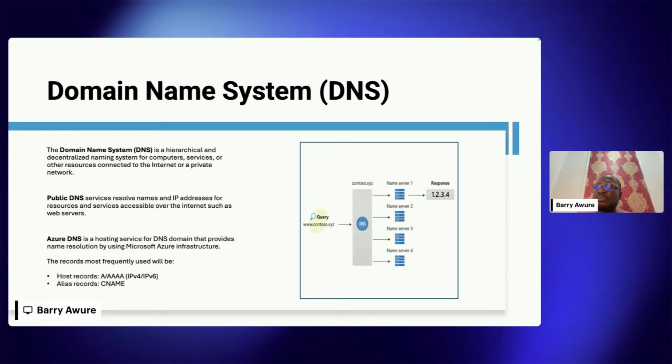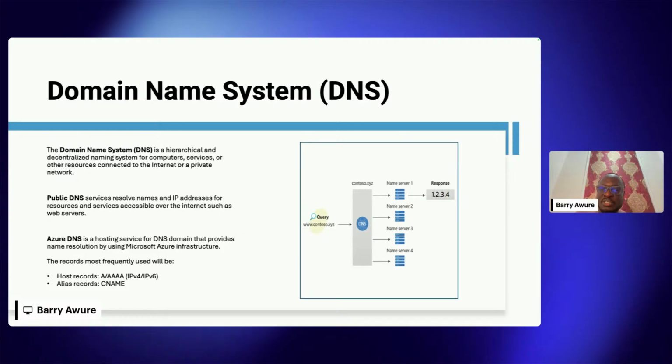So whether it's a computer, a service, or whatever resource is on the internet, you find a more human readable way to name those things, so that instead of trying to remember 192.168.10.x or 192.72, it is easier for us to remember names, right?